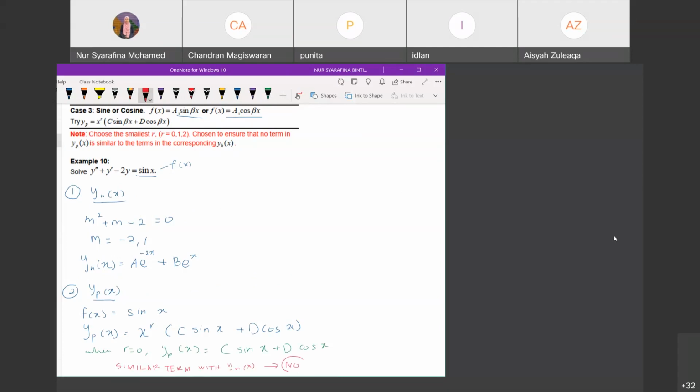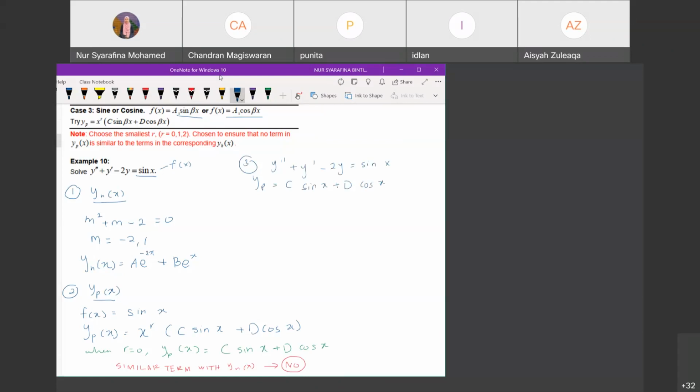So no similar term. Then you can proceed with the next step by matching the differential equation with the yp. So your yp equals C sin x plus D cos x.